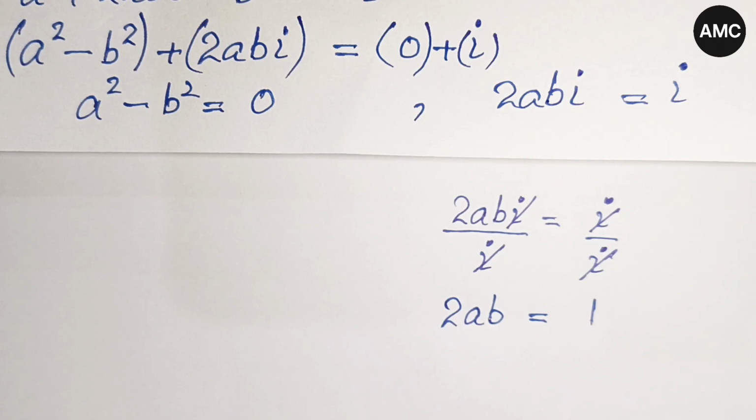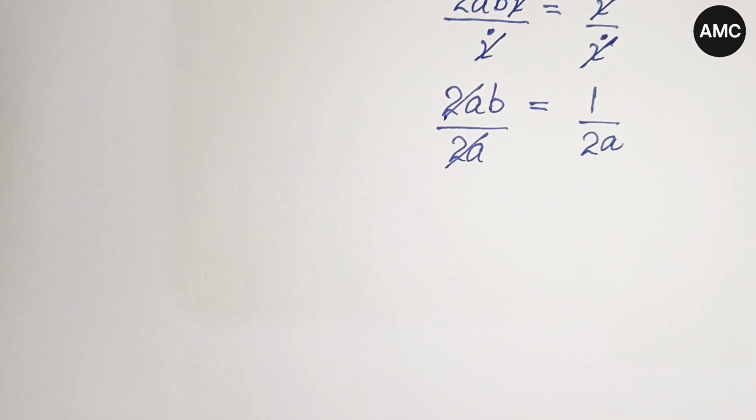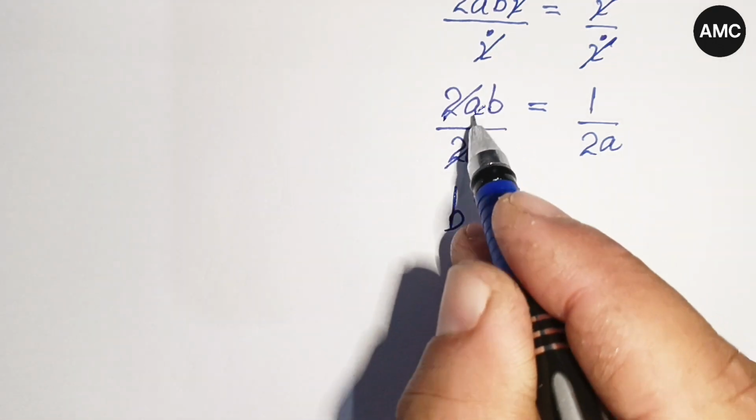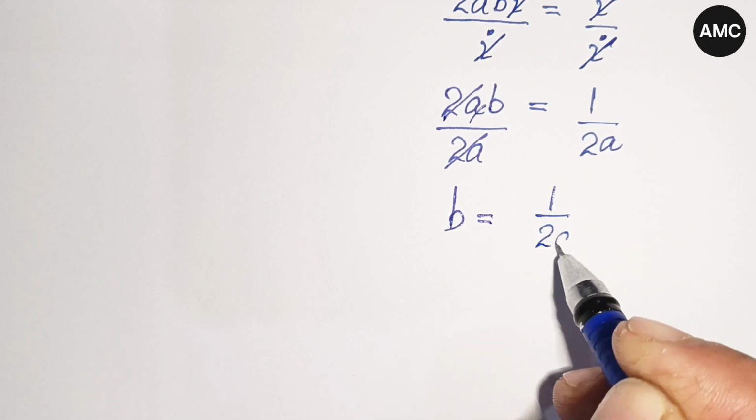Now if we find the value of b here, then we have to divide by 2a on both hand sides. Now this 2a is cancelled out with 2a, so we get b is equal to 1 over 2a.